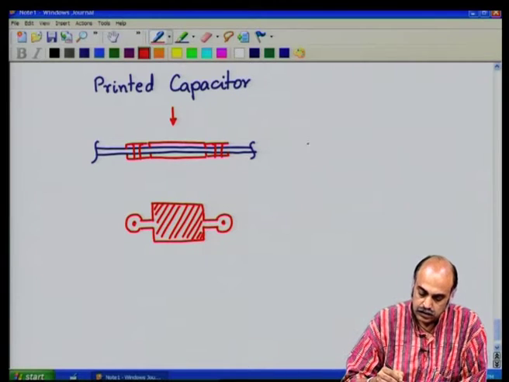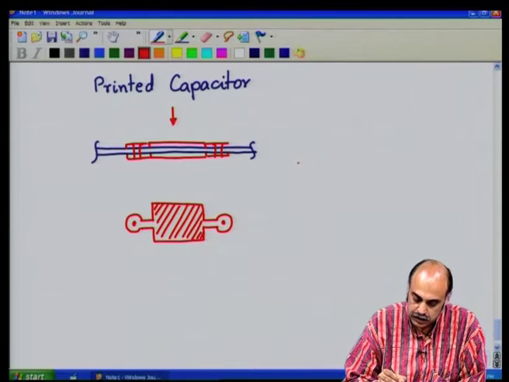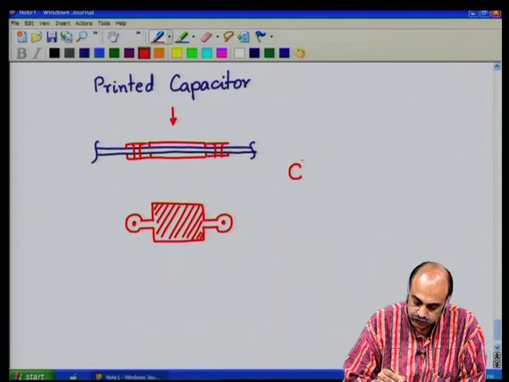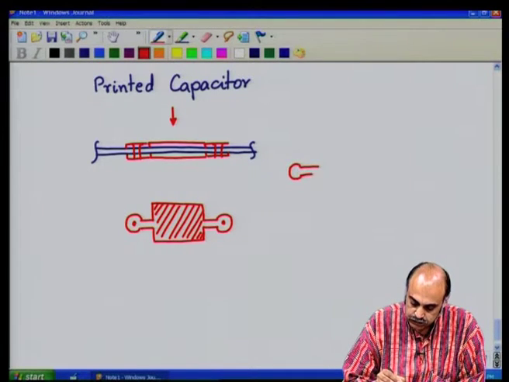Another topology would be something like this. Let one plate of the capacitor be something like this, like a comb.